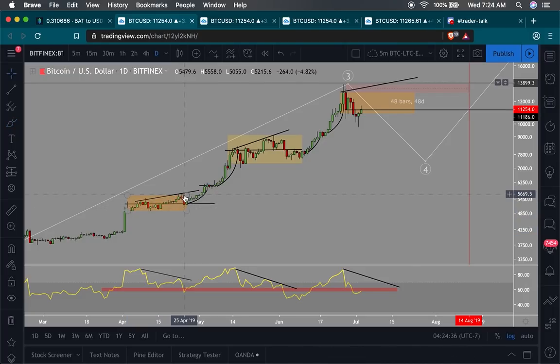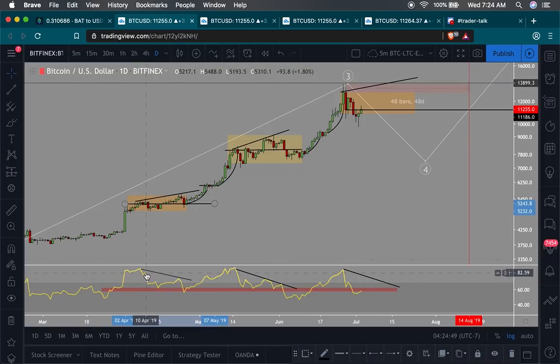This pullback was this bearish divergence playing out. So every time we've done that, first attempt at the break of resistance, nope, got rejected. RSI pulled back, price pulled back.